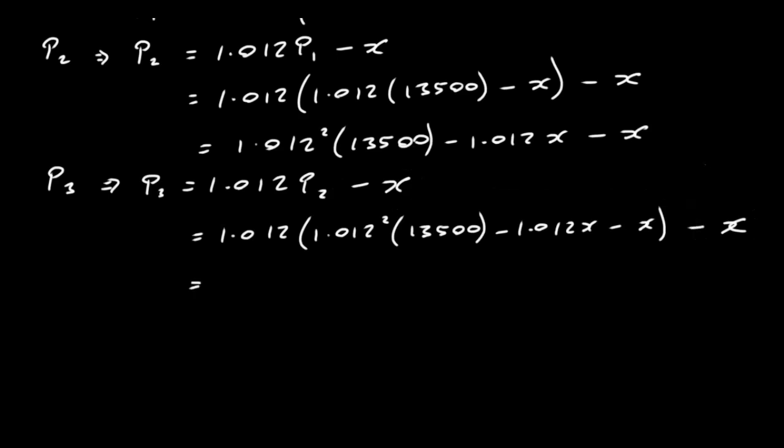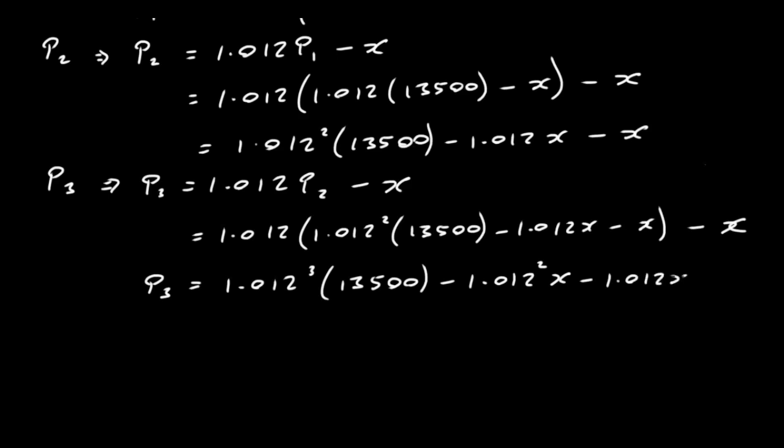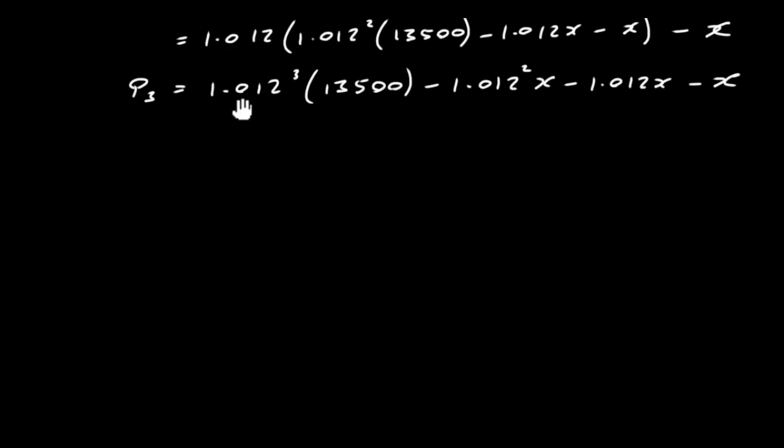So let's just multiply all this out. These two here will give me 1.012 cubed times 13,500 minus 1.012 squared times x minus 1.012x minus x. Okay, so that's as much as I'm going to do.